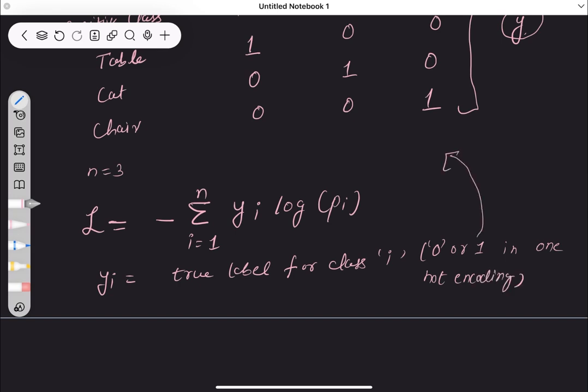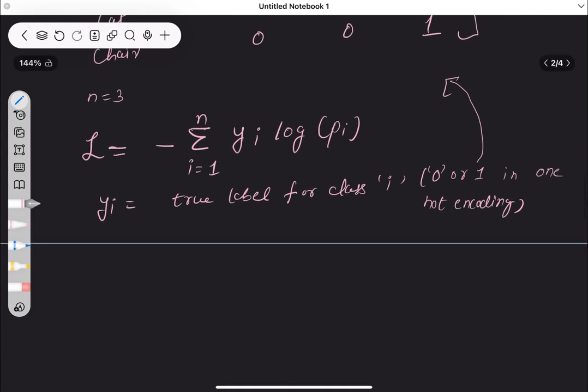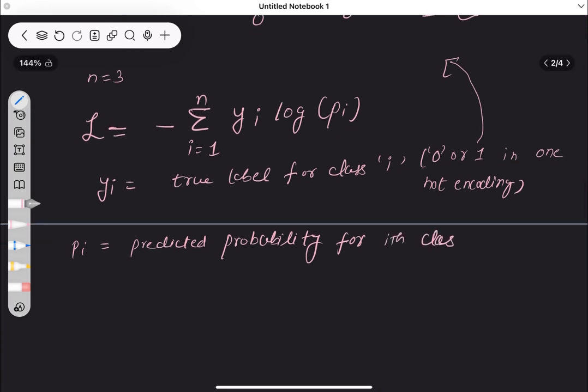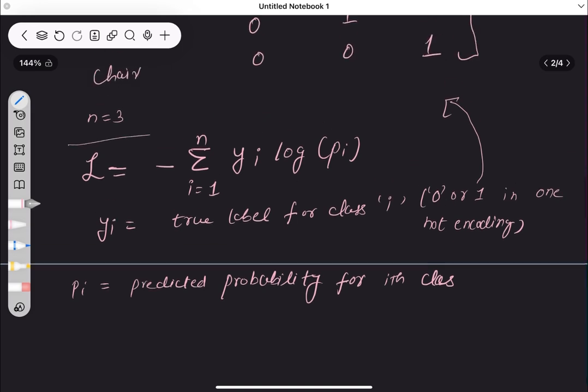And pi is my predicted probability for the ith class, right? So this is what the cross entropy loss looks like.